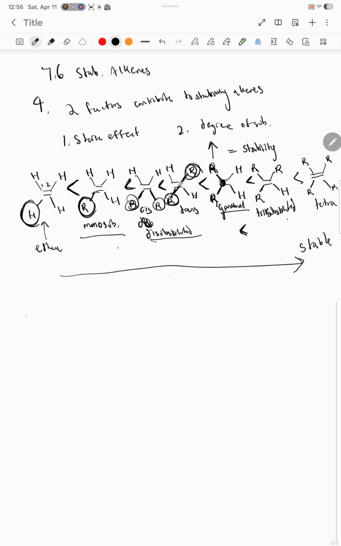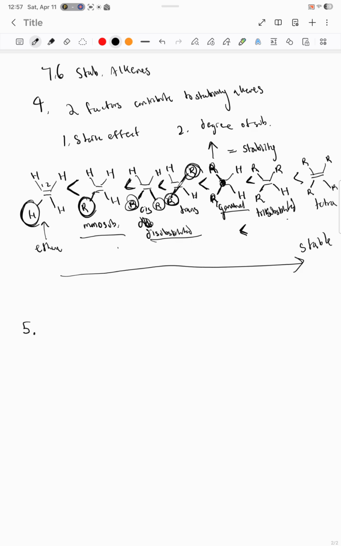Okay, now point number 5. This point number 5 is part of chapter 7.7, regioselectivity of elimination reactions. How does the steric hindrance and size of base affect the elimination reactions of alkyl halides?